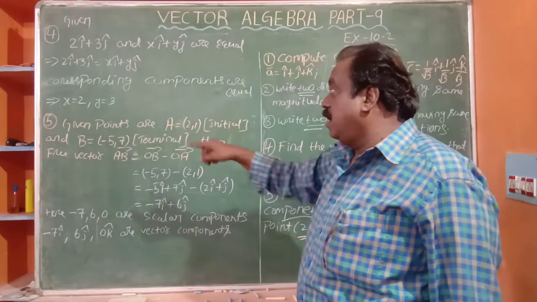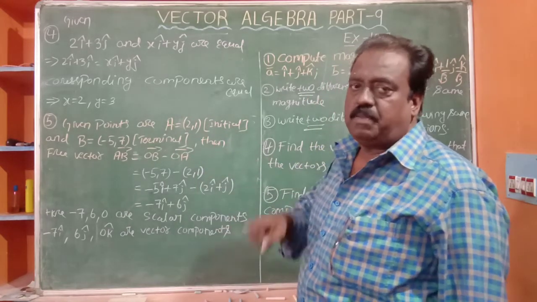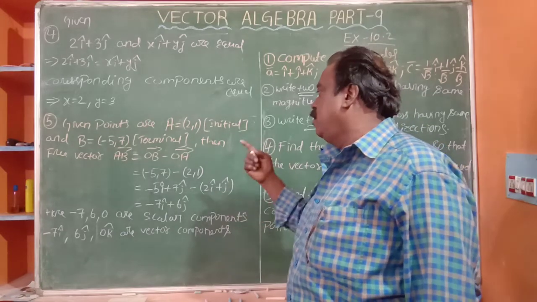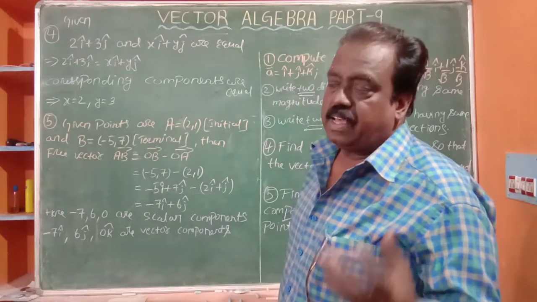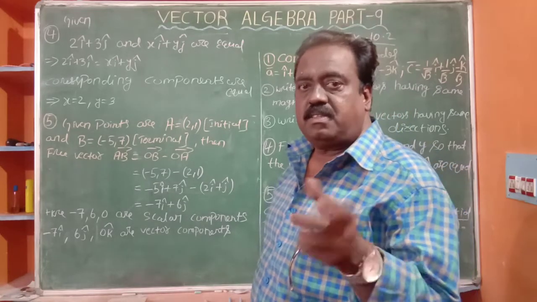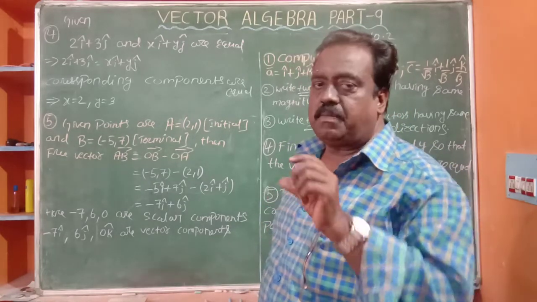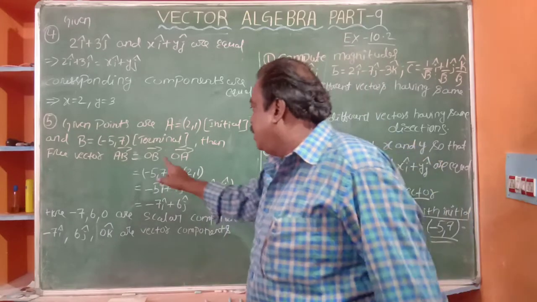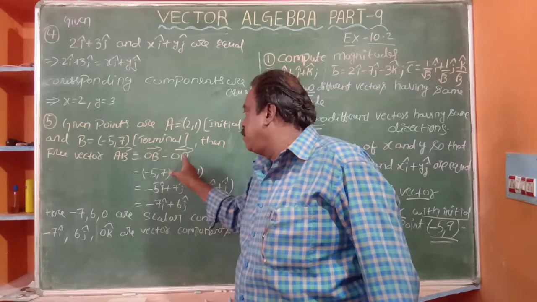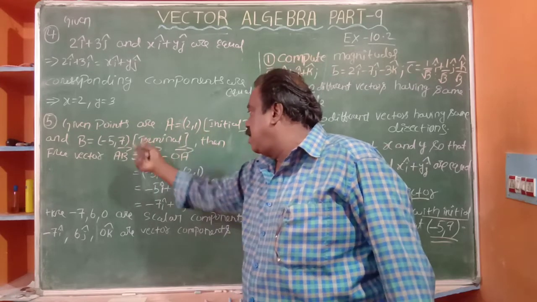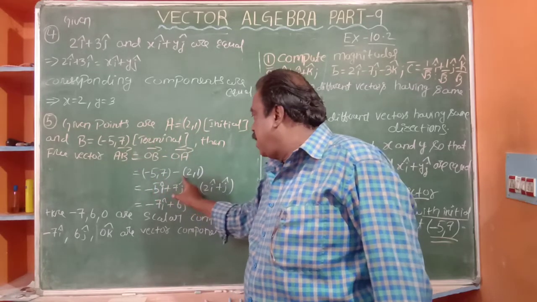So AB bar, A to B. A is the initial first point, B is the next point, the end point. AB bar is equal to, a free vector can be expressed as the difference of position vectors of terminal and initial points. This is terminal, already given; this is initial. OB bar minus OA bar. What is OB bar? 5, 7 minus 2, 1. Like that you have to practice.